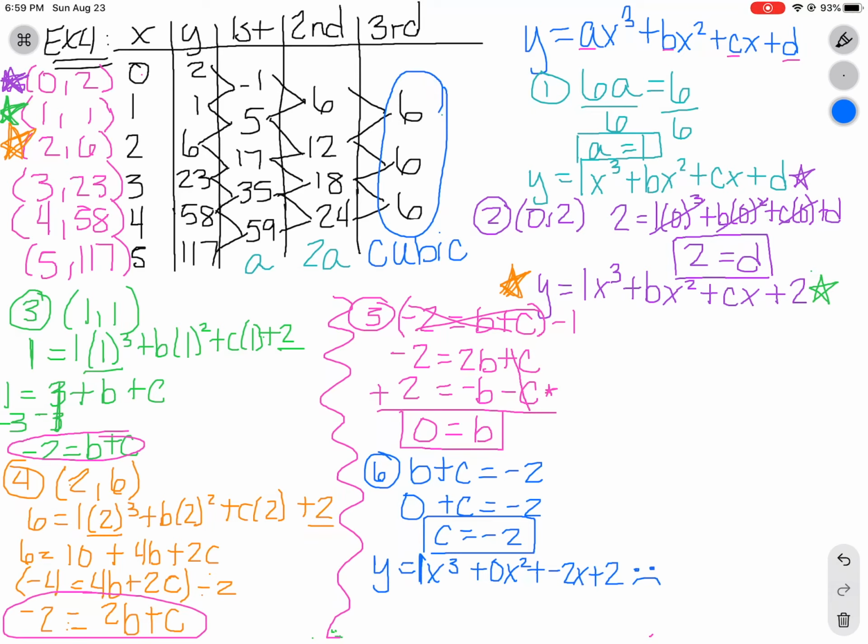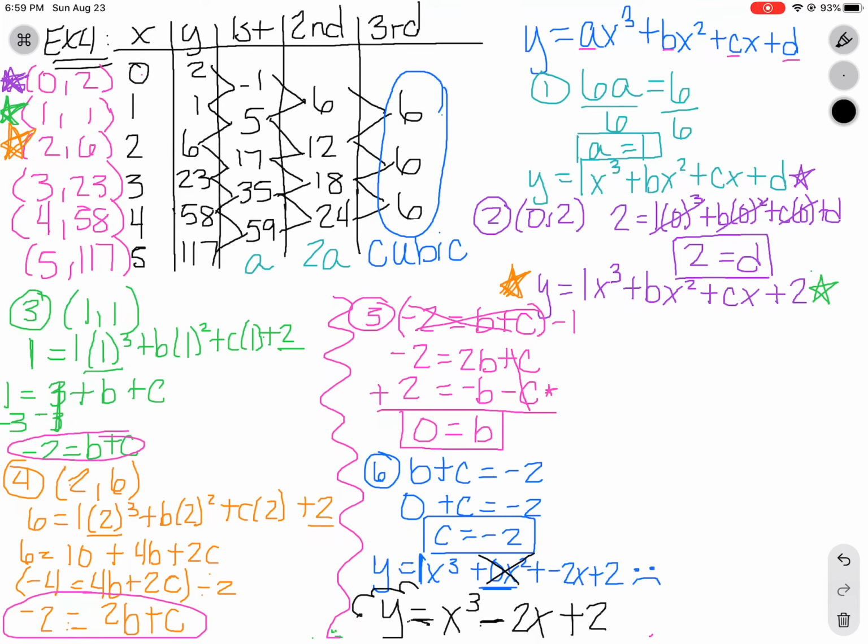It's understood. We don't need to put this 0. Plus a negative 2x is just a minus 2x. So we're going to write this much more nicely. So we have y equals x cubed, plus negative 2x is minus 2x plus 2.